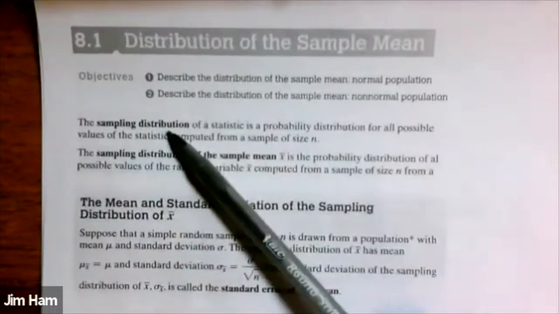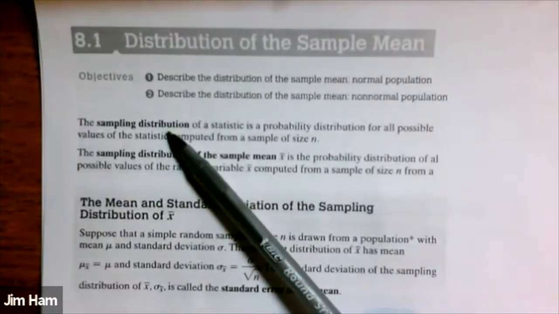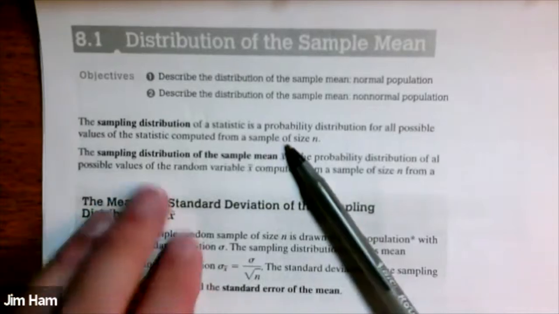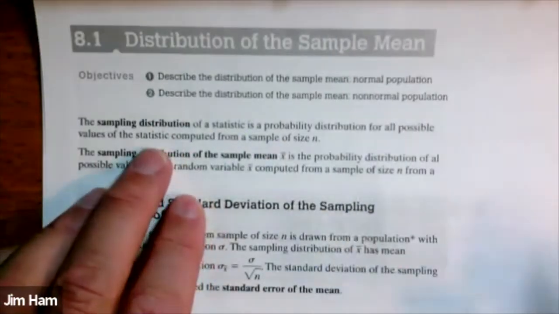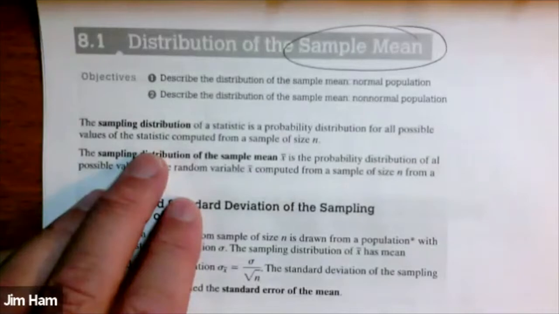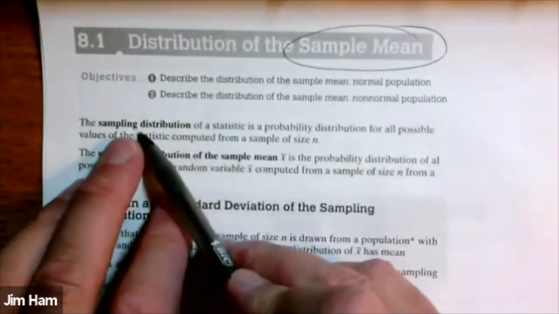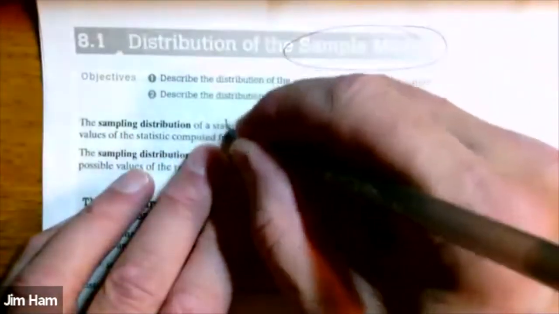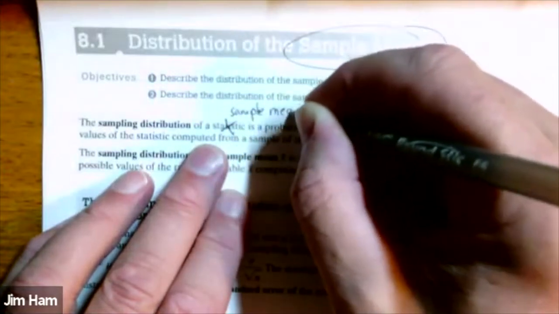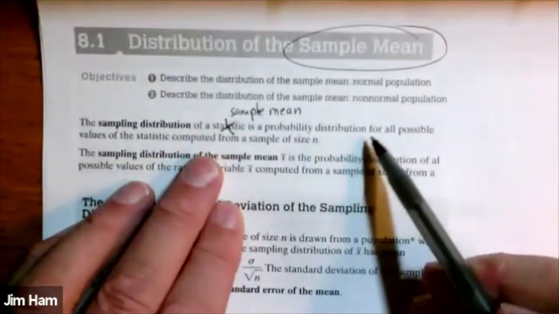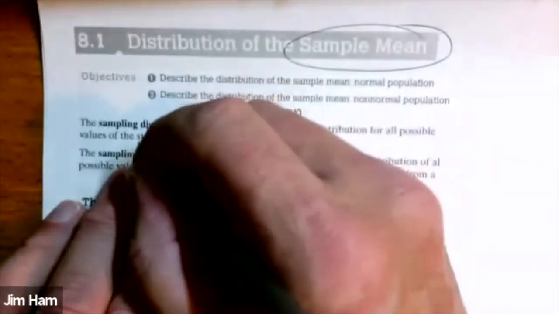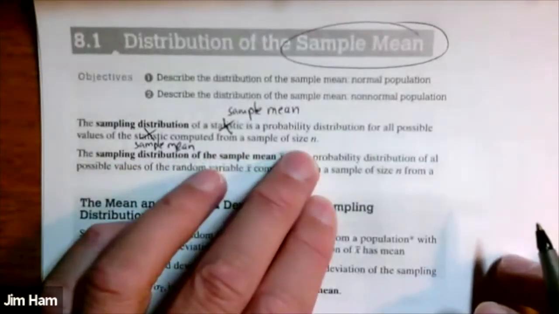All right, so we've talked about the sampling distribution. It's a probability distribution for all the values of the statistic. Okay, and the statistic in this section is the sample mean. So the sampling distribution of a sample mean is the probability distribution for all possible values of the sample mean, computed from a sample size of n.